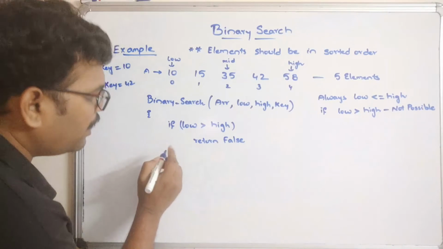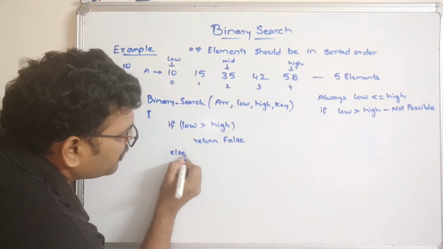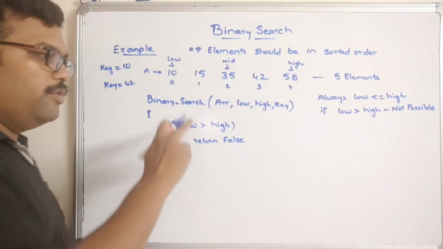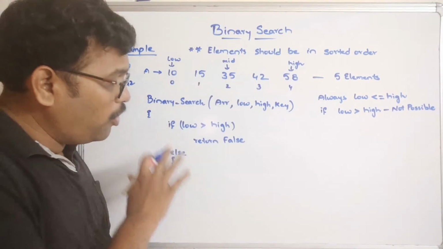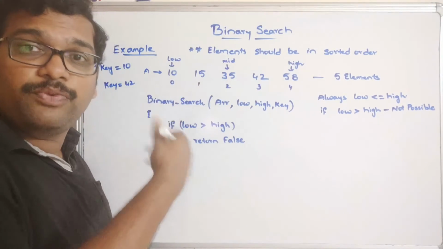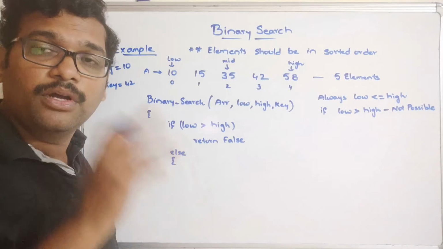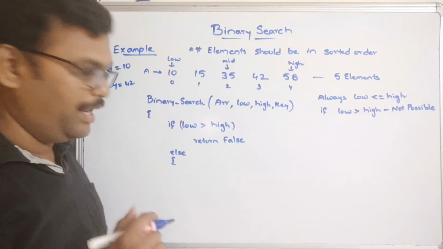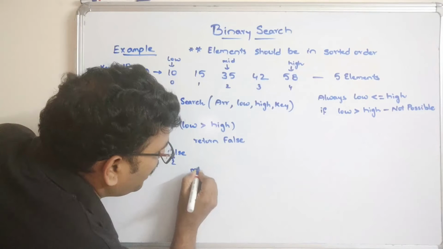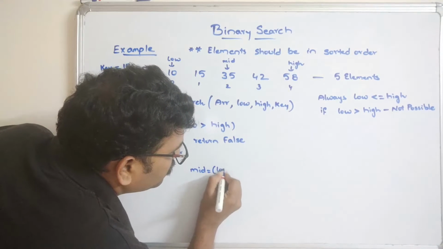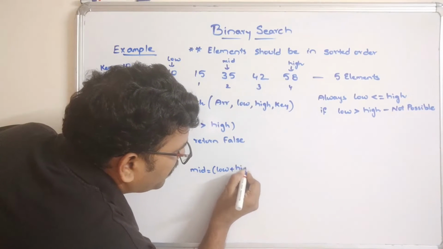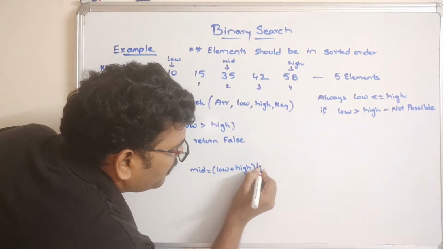And else, that means if low is not greater than high, next we have to find out the procedure. What we have to do? First we have to calculate the middle value. So mid is equal to low plus high divided by 2.